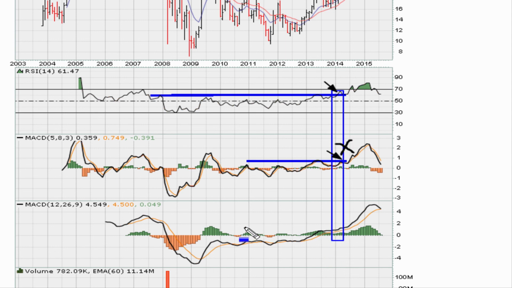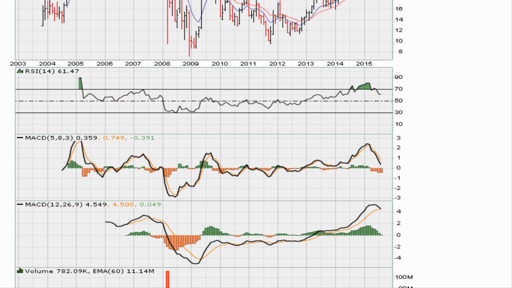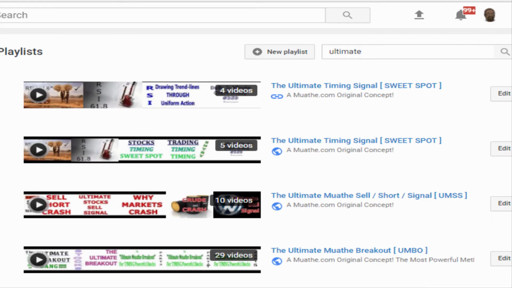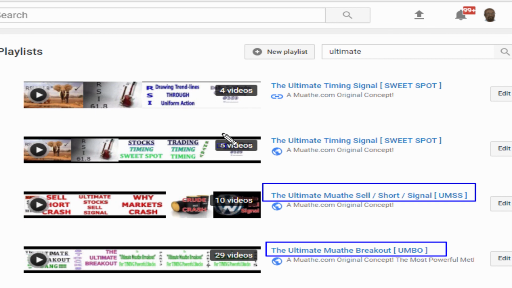But we only need one of the MACDs to confirm this, and here we can see that the default MACD was breaking out. So there you have it. Yes, it does meet the minimum requirements, and again, you'll find more details about this if you take a look at this playlist, and the links are going to be in the description of the video.